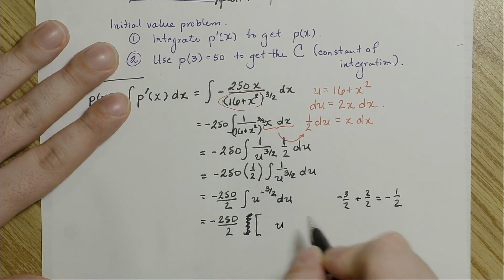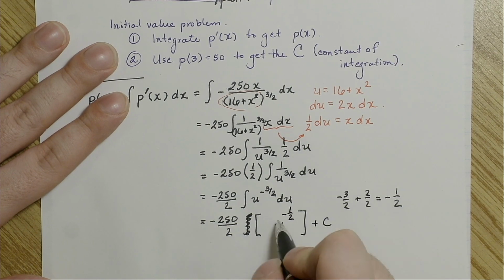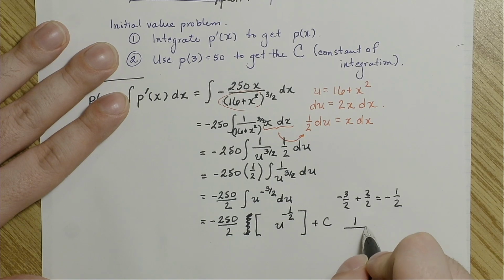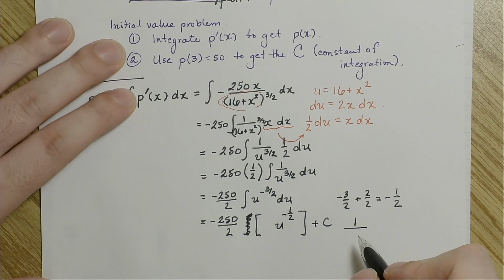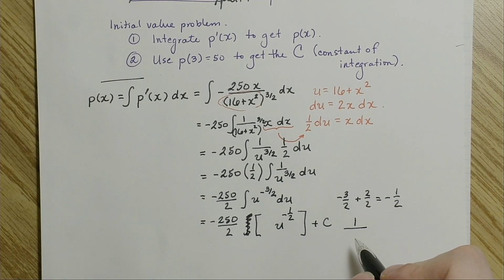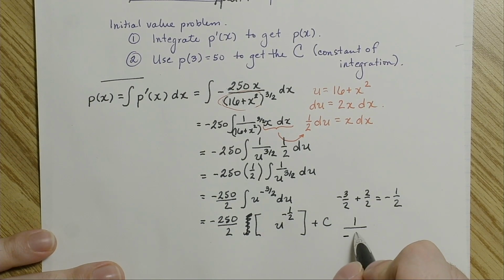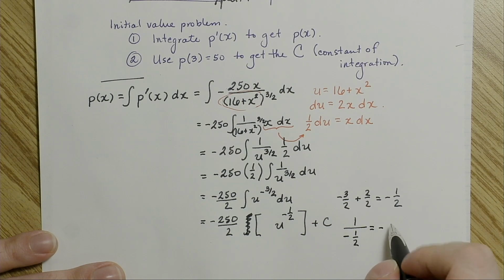So I get u to the minus 1/2, and I can't forget what I have in the bottom here. So that's 1 over negative 1/2, which is equal to minus 2.